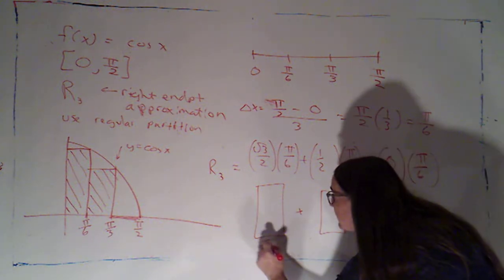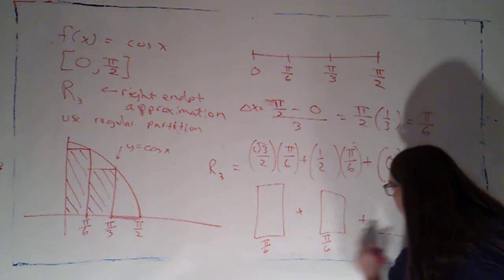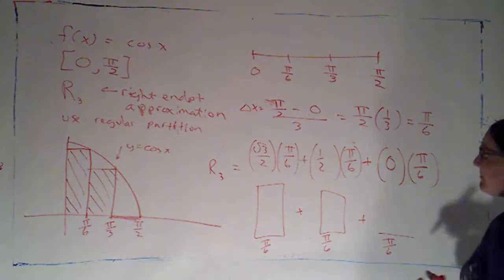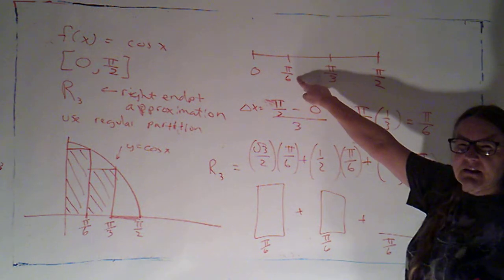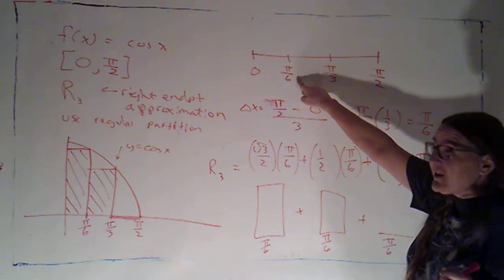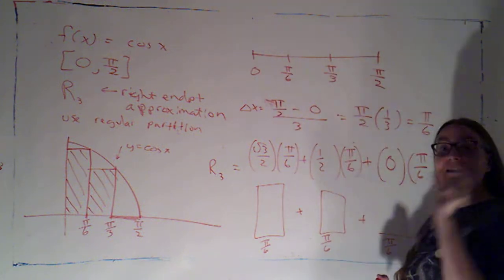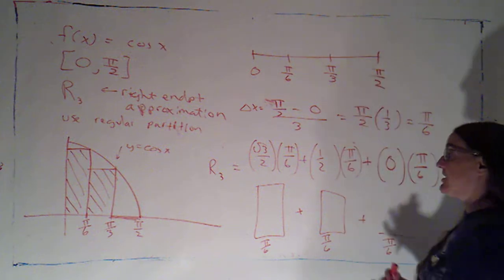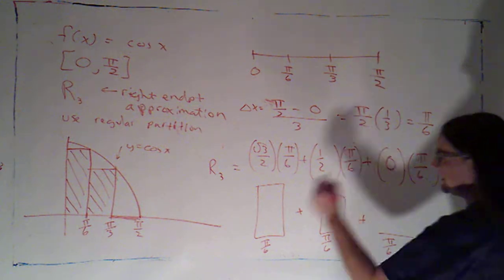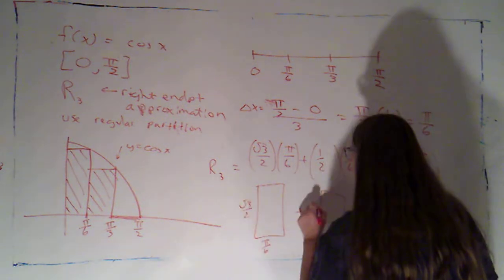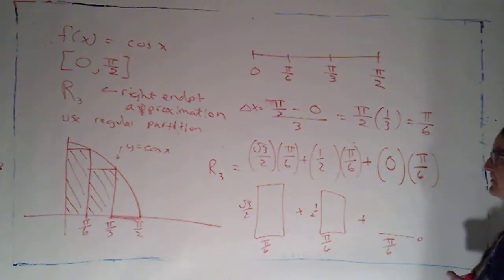So notice all of these bases here are pi over 6. Pi over 6 happens to be the x value here. I don't care that it's the x value. I care about the distance. I'm multiplying by the distance or the length of each subinterval. And this, of course, had a height of root 3 over 2 and 1/2 and 0.